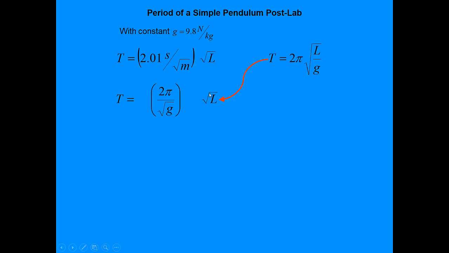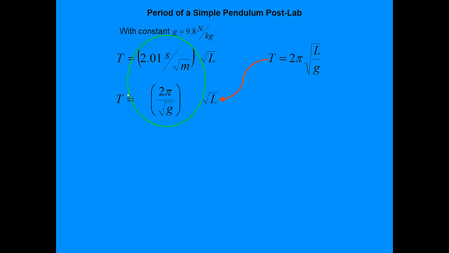Pull the square root of L out here, leave the square root of G down there, and look. If we have an equation from a graph of period versus square root of L, like the linearized graph of our lab, the slope of this line must be 2 pi over the square root of G if both of these equations are to accurately describe the period of a simple pendulum.